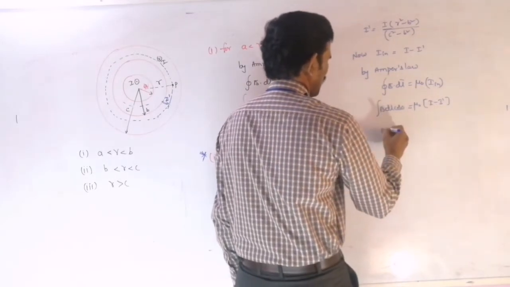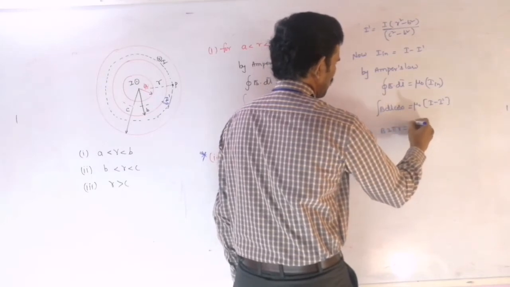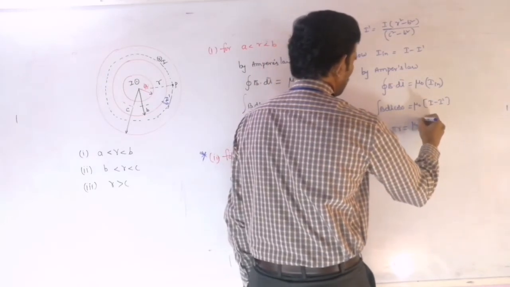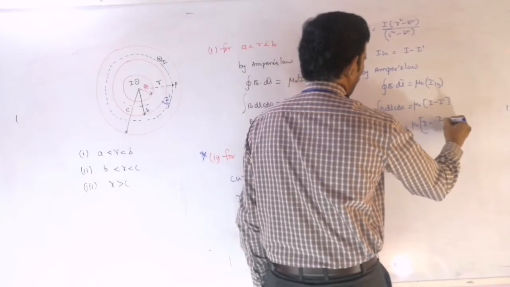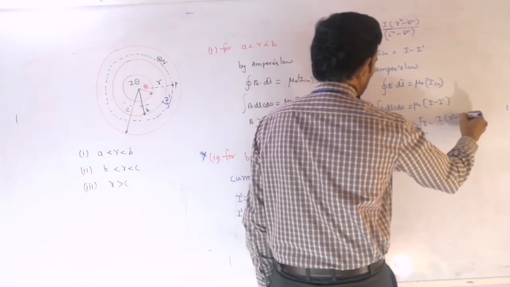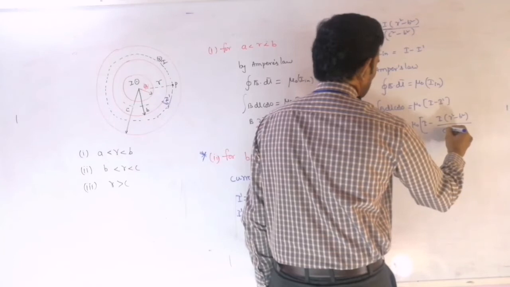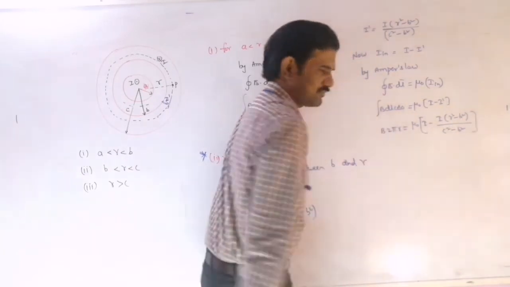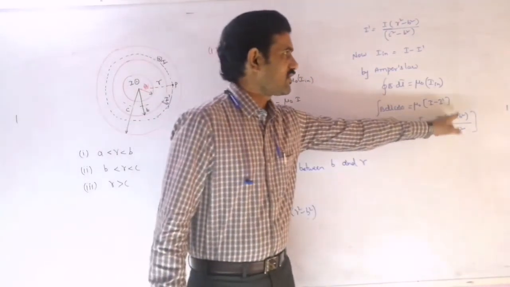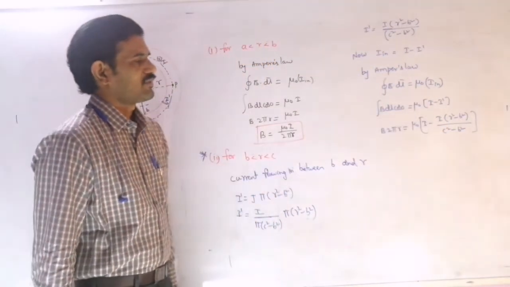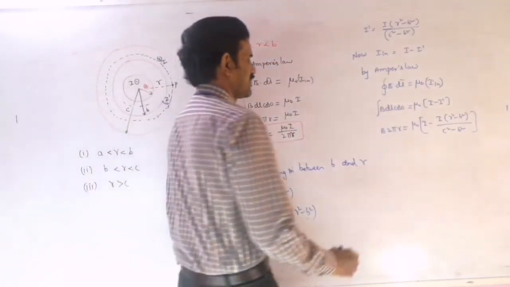So this side you can write as B into 2 pi r is equal to mu naught into I minus, now substitute this value, I of r square minus b square by c square minus b square. I am substituting this I dash value by using this equation. Now you can take LCM and simplify this.